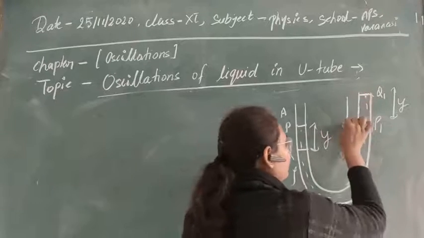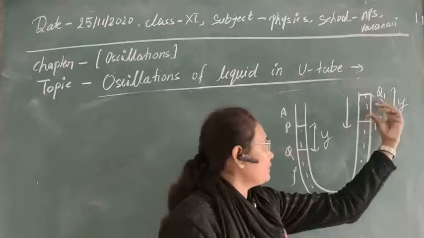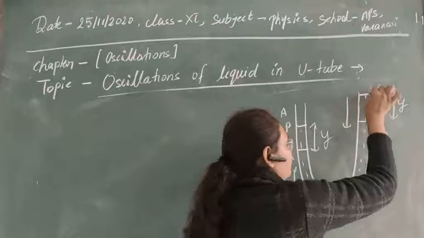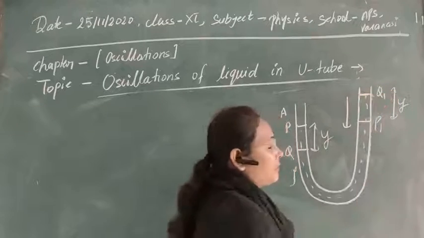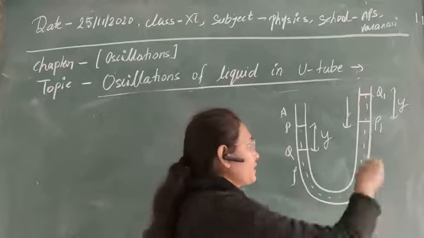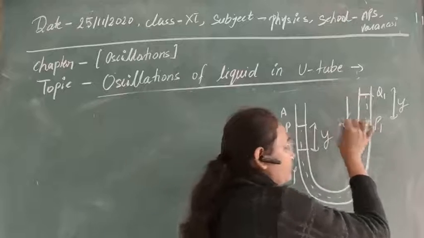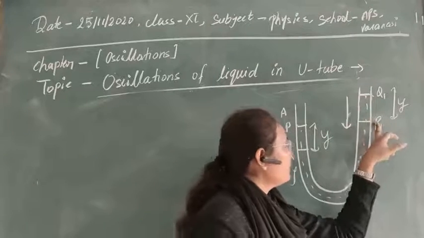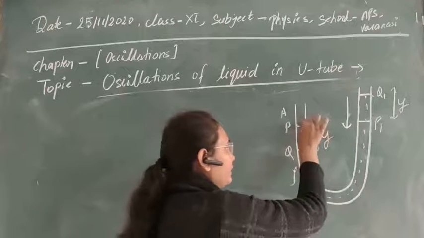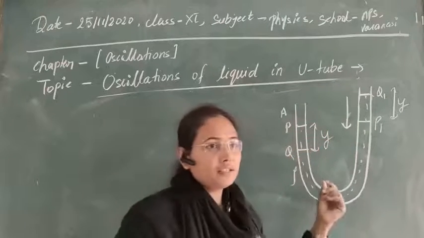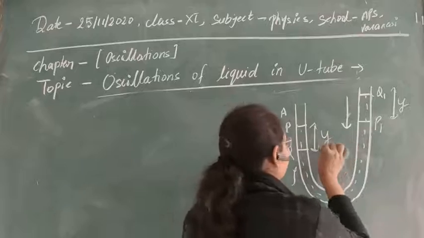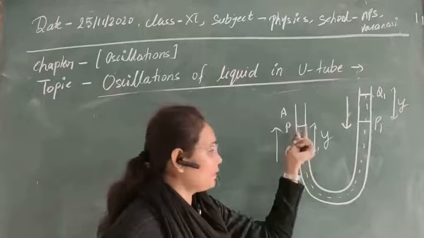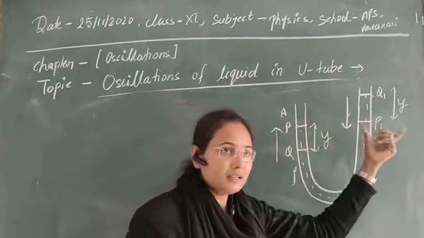Here the liquid column is rising up, so the restoring force will tend to bring it back to its original position P1, and where the liquid column is falling, the restoring force will try to lift it up to maintain its position as it was initially.